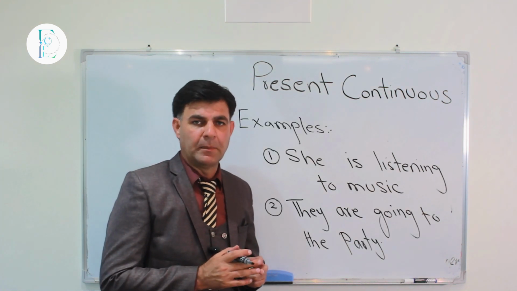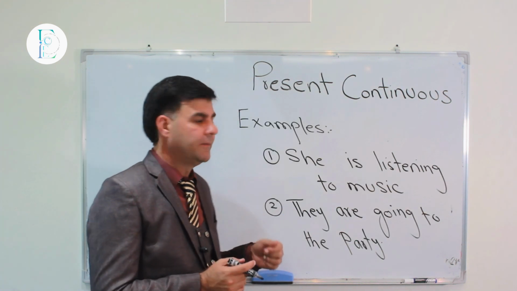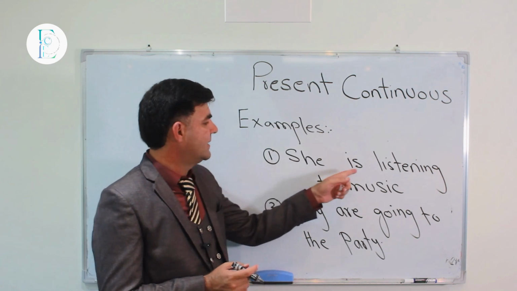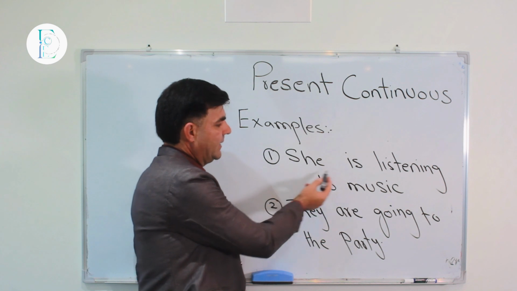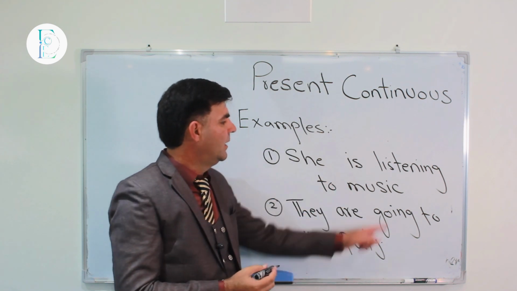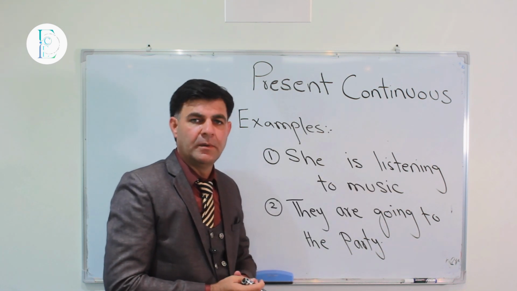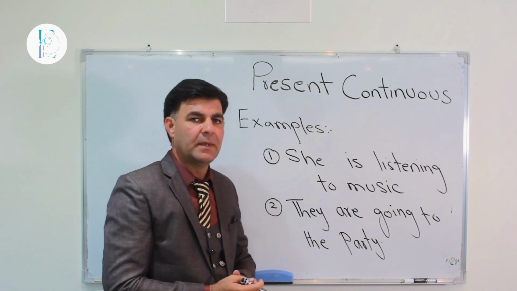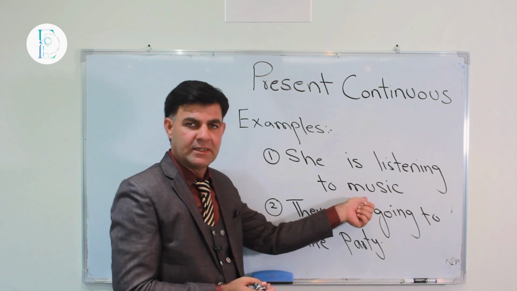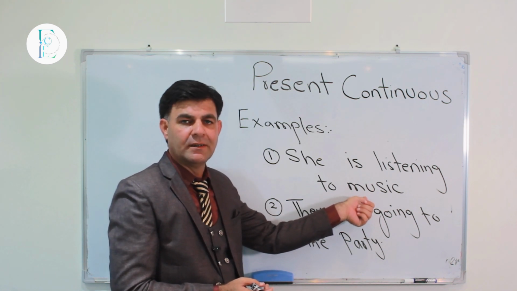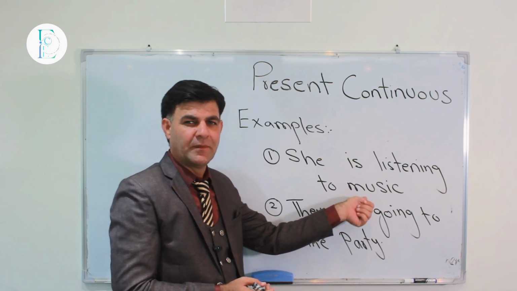I will give you some examples. Here they are. She is listening to music. She, subject, is, helping verb, listening, main verb plus ing, listen plus ing, listening to music, music is object. So the easiest and the simplest examples are here.